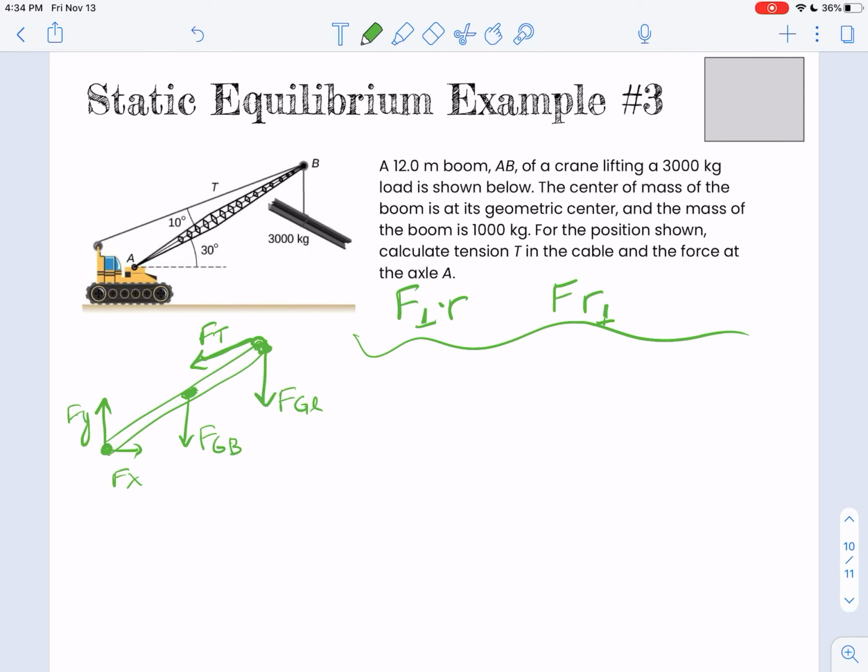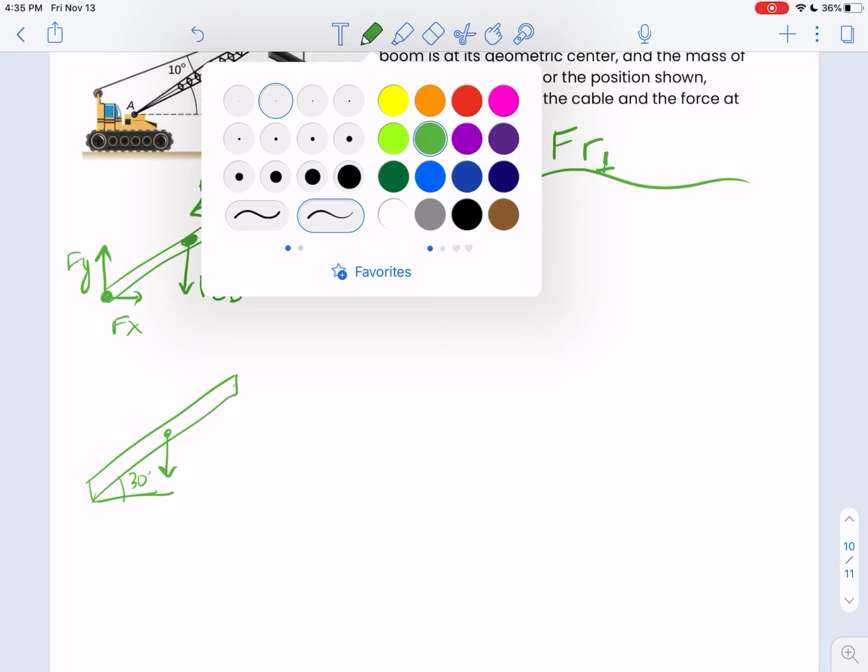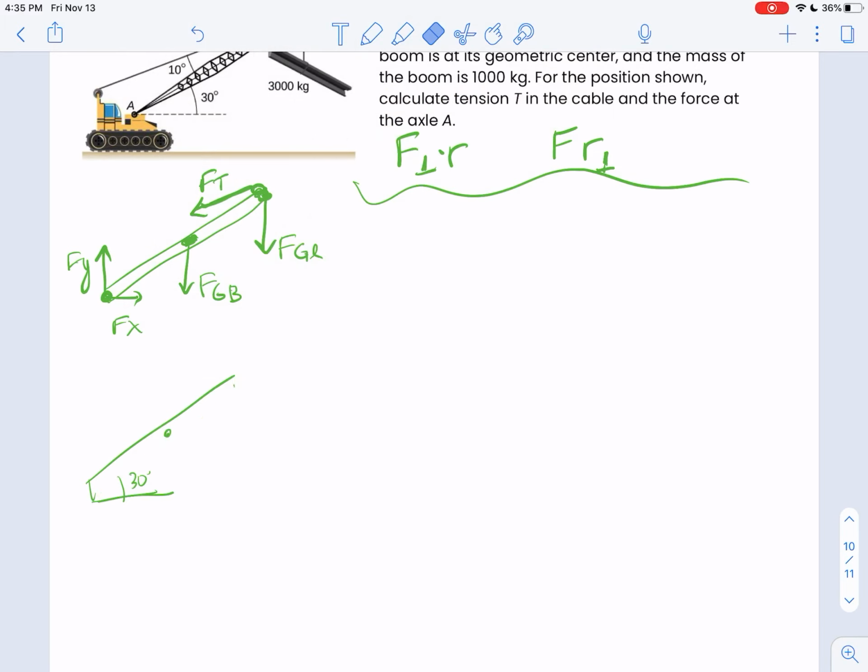All right. Okay. So, let's go ahead and look at the boom again. So I'm going to have, this is my angle 30. And then this is my FGs, right? So we really only care about, let me draw this differently, the perpendicular components, right?